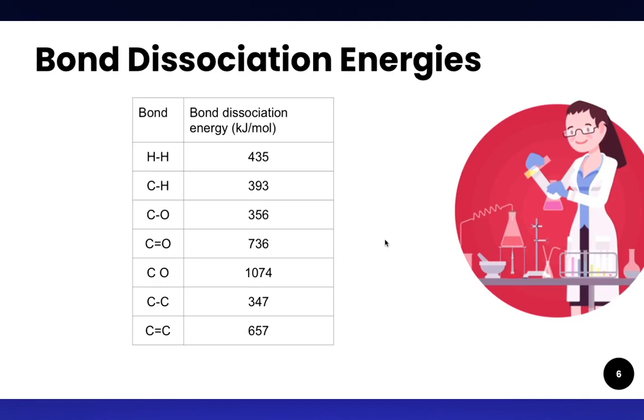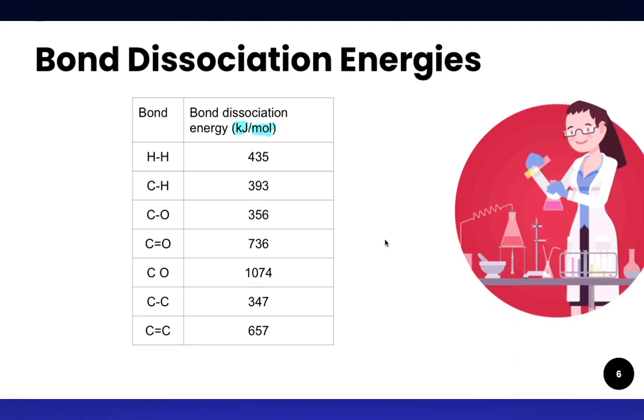You can determine how strong a bond is using bond dissociation energies. So chemists have heated up materials and measured how much energy, measured in kilojoules, it takes to break apart 1 mole of substance. So if you're wondering how strong a bond is, you can look up a bond dissociation energy chart.